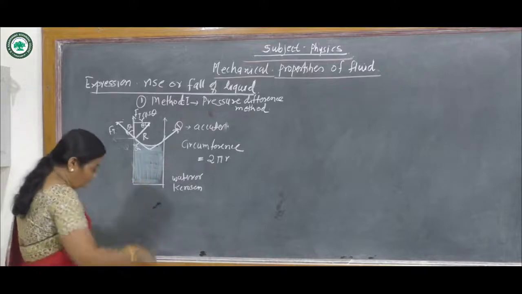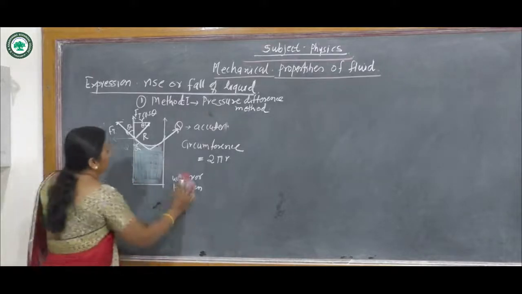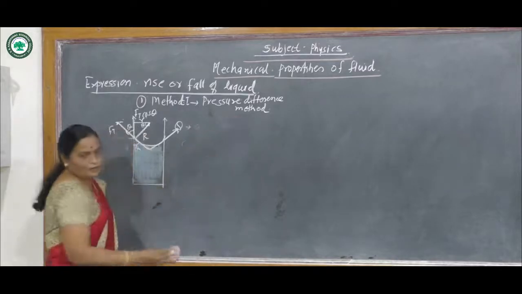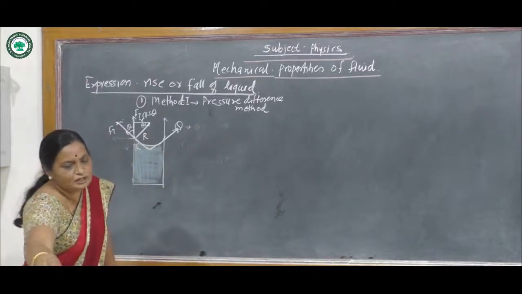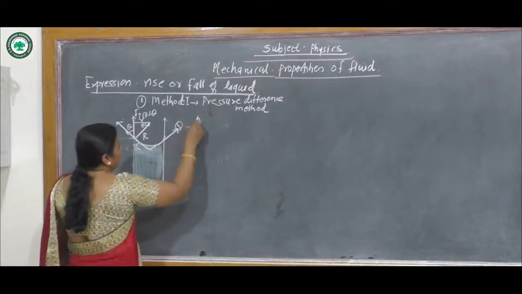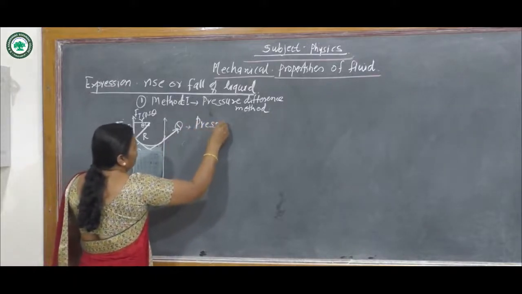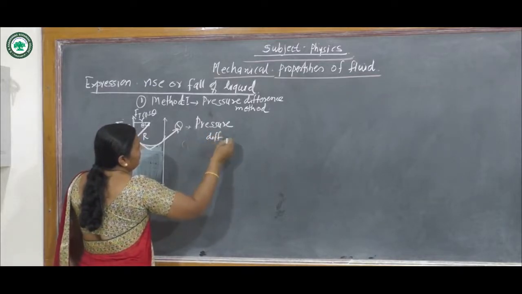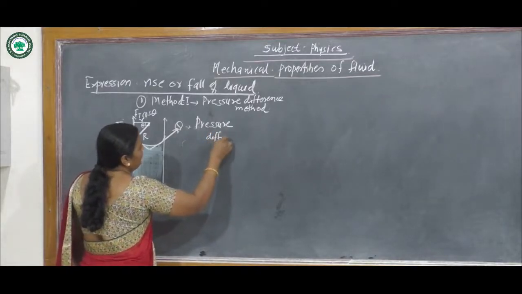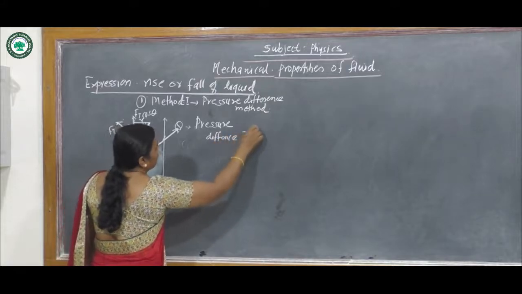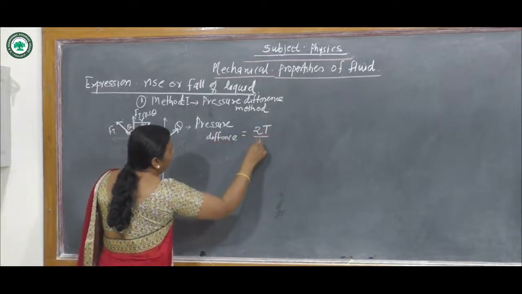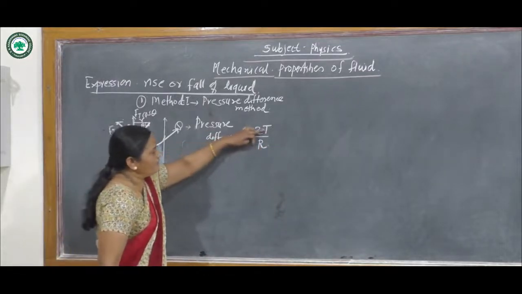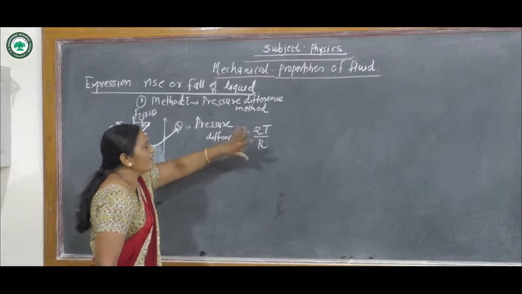Therefore, from the figure we can write here, we know the pressure difference, from Laplace's spherical membrane law. Pressure difference is equal to 2T divided by R, where T is surface tension and R is the radius.